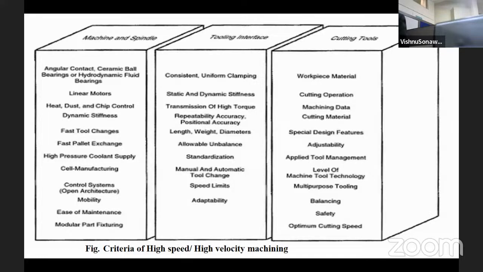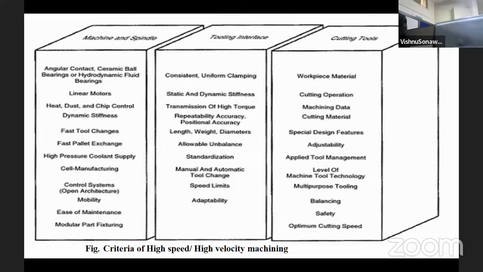Such systems should be combined with the machining centers and cell manufacturing, and with the control systems, the open loop and closed loop control systems. Such systems should be installed into the machining center. We are considering all these points: maintenance should be easy, with modular part fixturing.